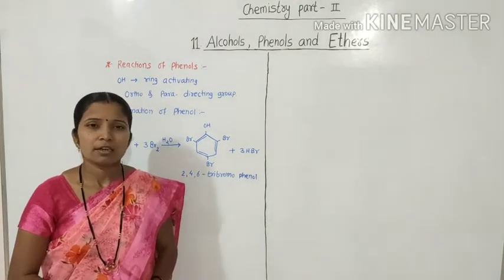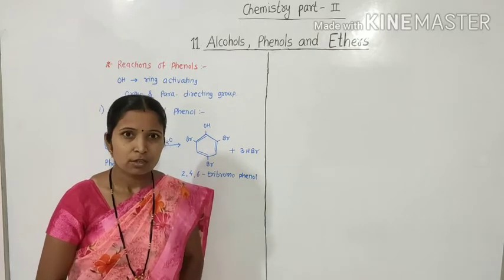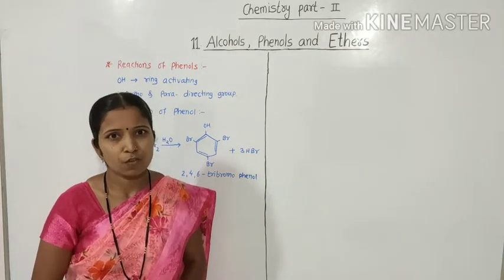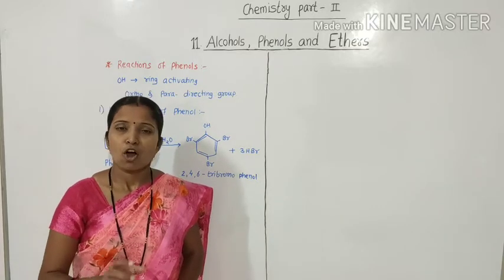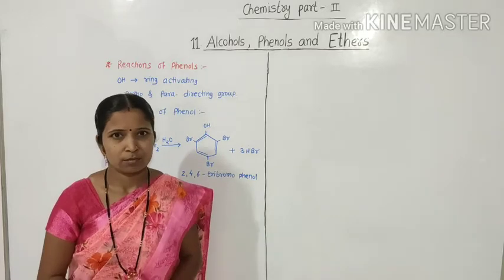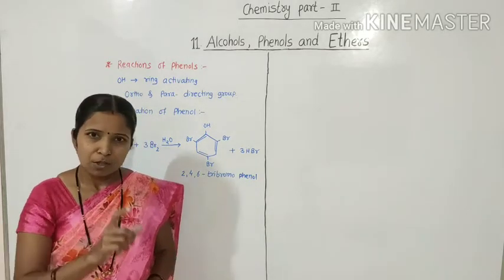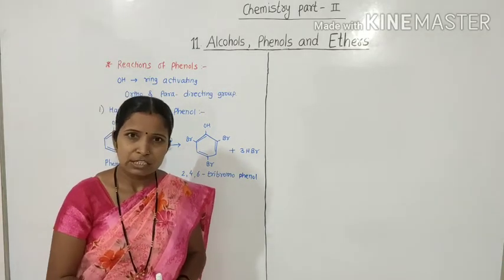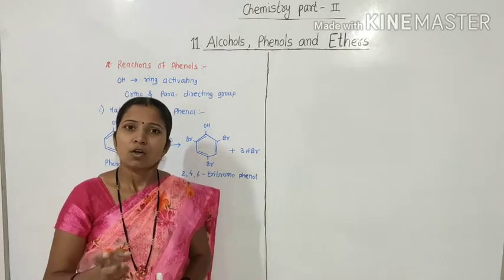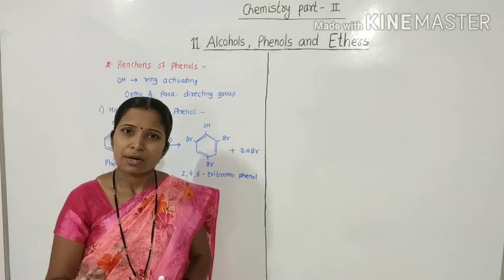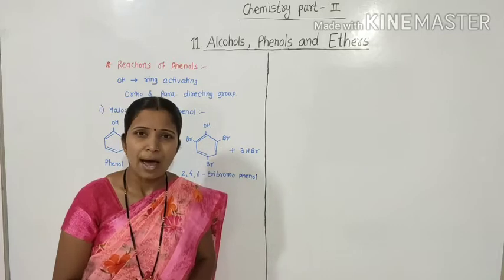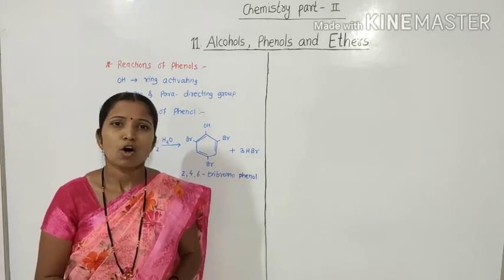If the reaction is carried out in a solvent like CHCl3, CCl4 means carbon tetrachloride, or CS2 carbon disulfide, then a mixture of ortho and parabromophenol is obtained.